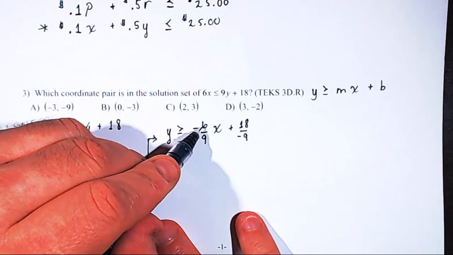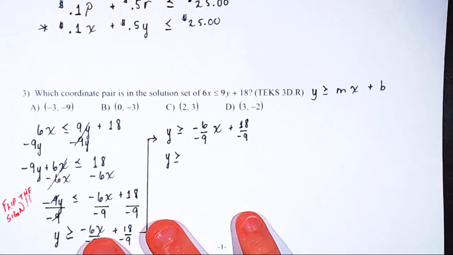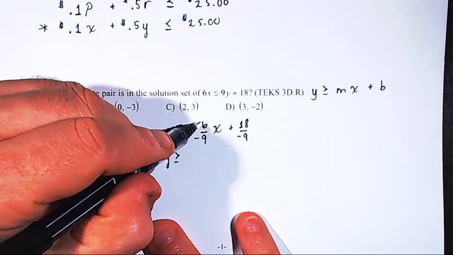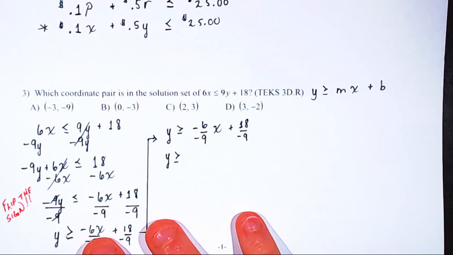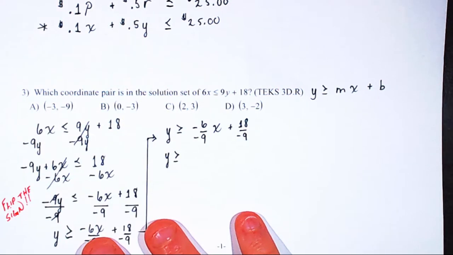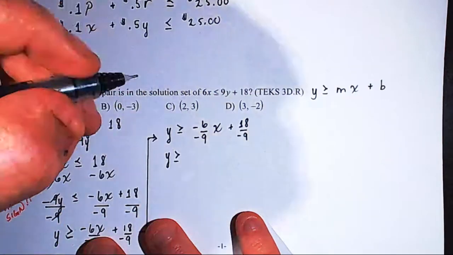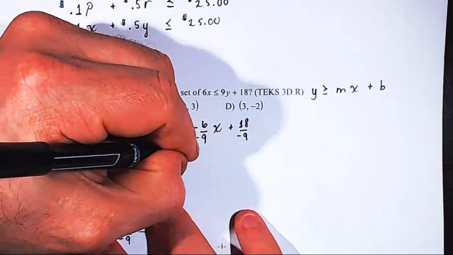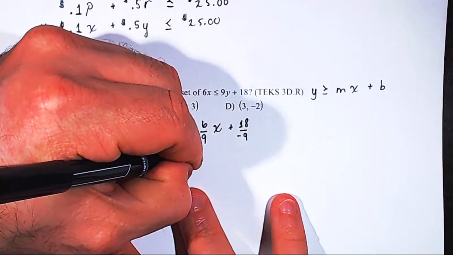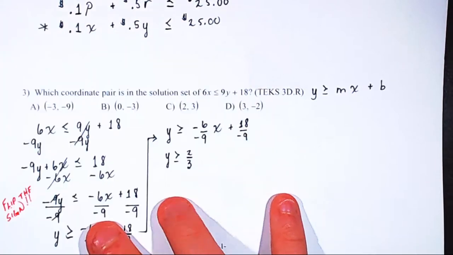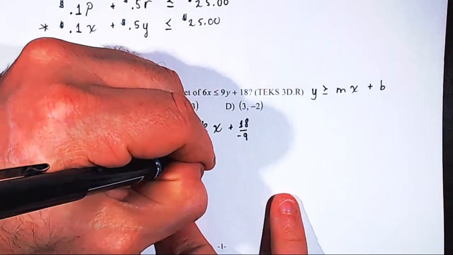You can divide both the 6 and the 9 by a common factor, and the greatest common factor that you can divide both by is 3, because if you divide 6 by 3, you get 2, and if you divide 9 by 3, you get 3. So negative 6/9 can be reduced to positive 2/3. The x comes along for the ride.